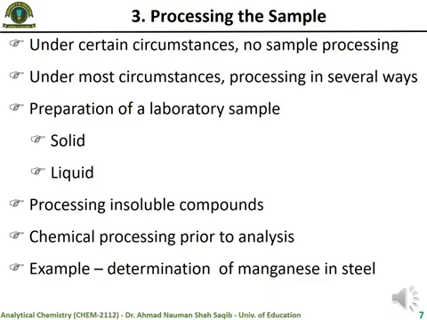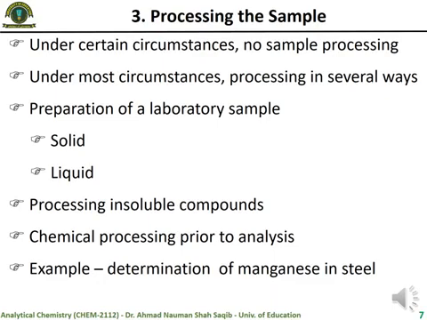So what we have to do is perform some other chemical process to change that analyte into a form which can be analyzed. In the case of manganese, when you have dissolved it from steel using acid, the manganese cannot be determined by spectroscopic methods. So what we do is first oxidize it into MnO4 negative.